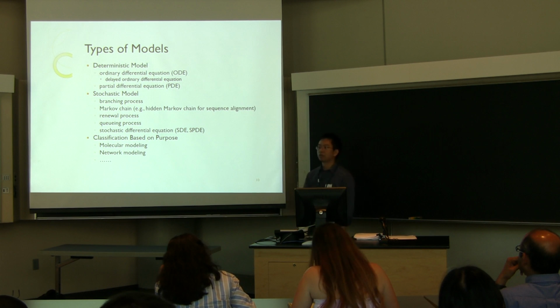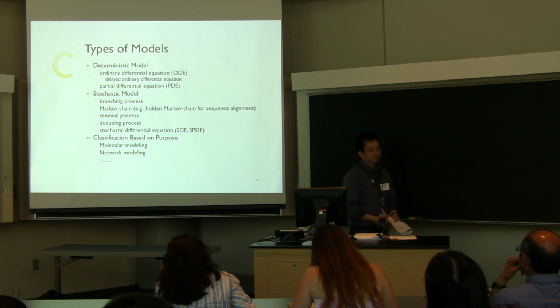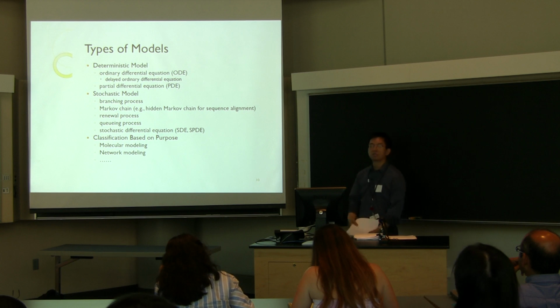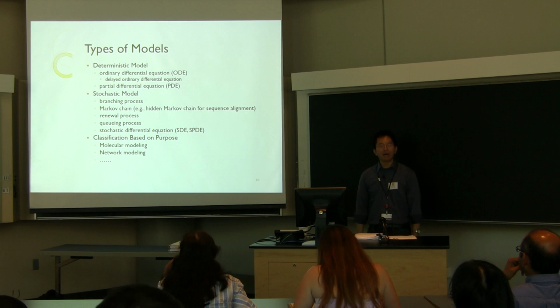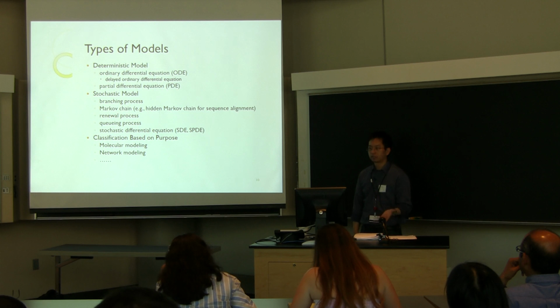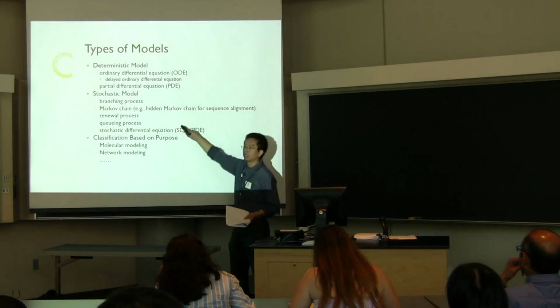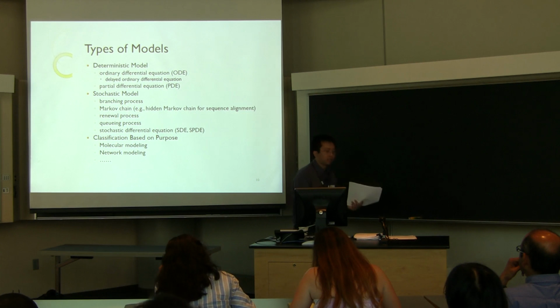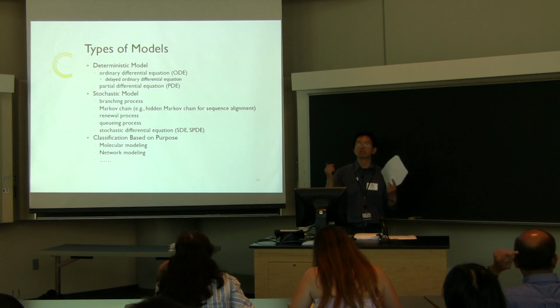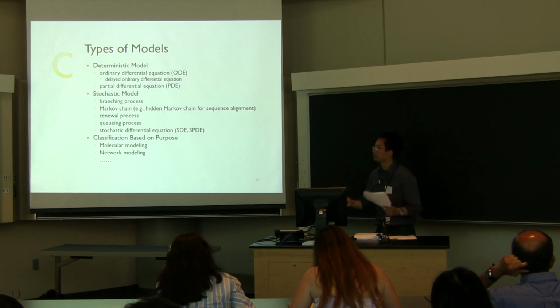The second one is the so-called stochastic models. Deterministic models do not consider randomness. But stochastic models explicitly take randomness into consideration. That's a key difference.